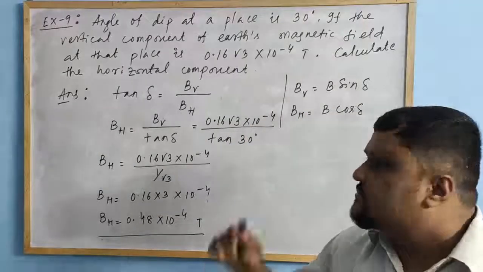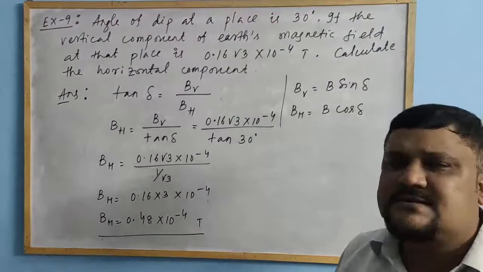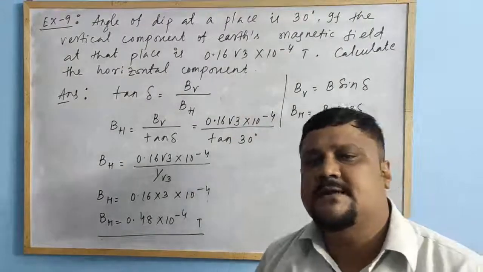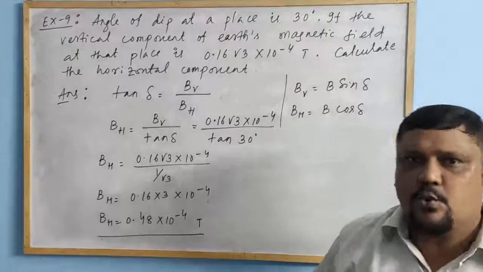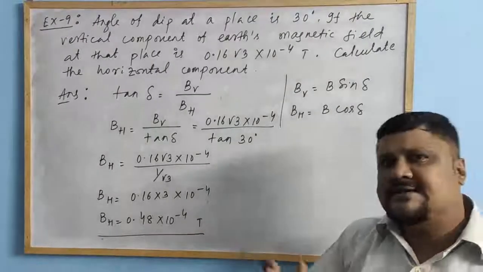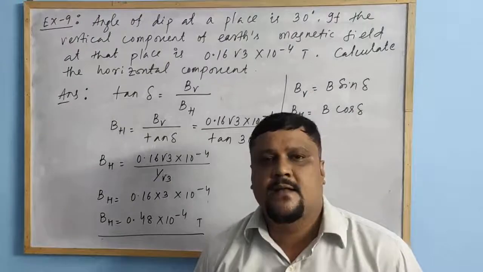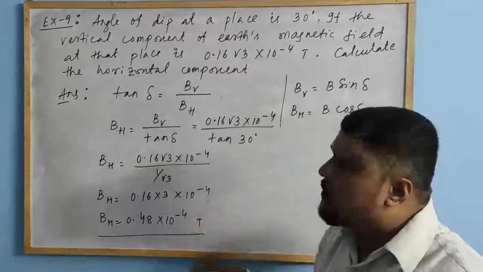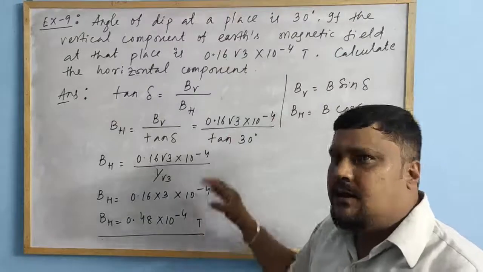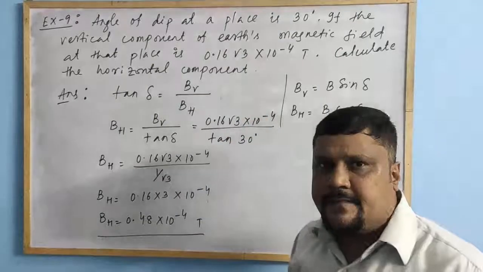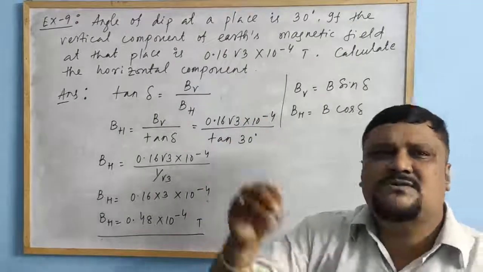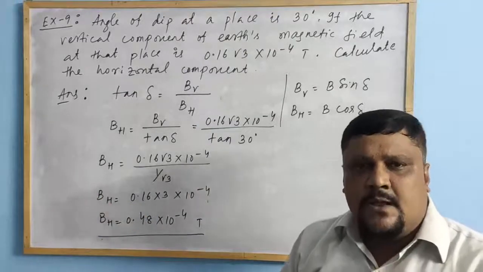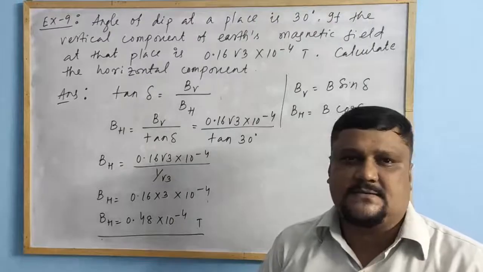So go through these examples. If you go through them, some of your concepts will get clear. And when you go through these problems in detail, you will know more and more. Then, whatever books or questions are available on magnetism, try to solve those.